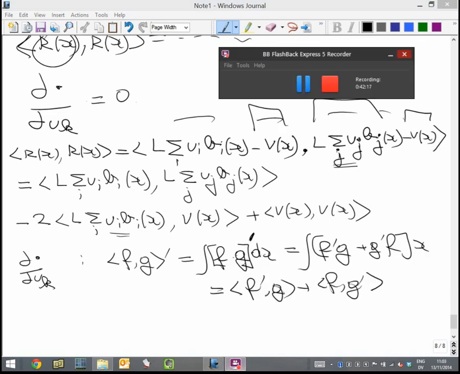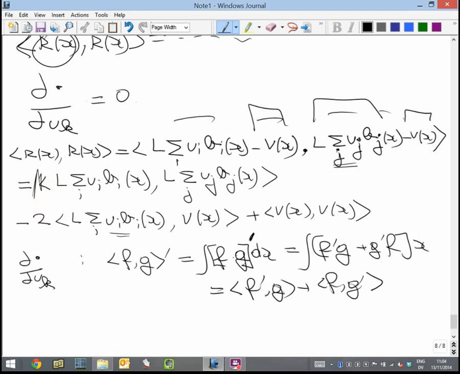So let's take the derivative of this thing first. And let's start with taking the derivative of the first factor. So we pick a certain u_k and we take the derivative with respect to u_k. So of course we don't need to worry about p being a function of x. We're not taking the derivative with respect to x. We're taking the derivative with respect to a certain value u_k. So what is the only thing that's left here?